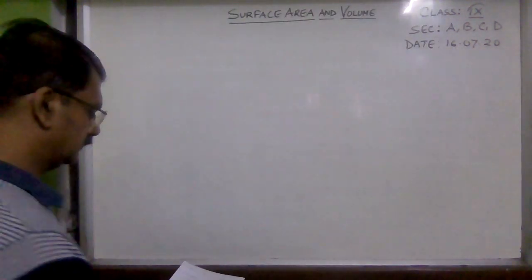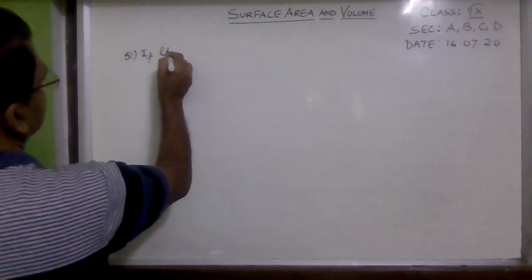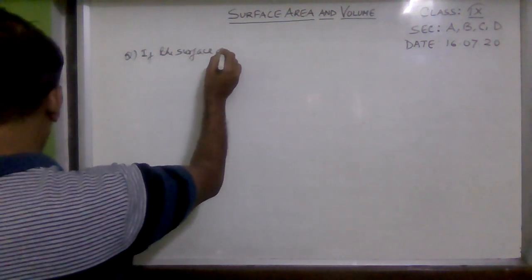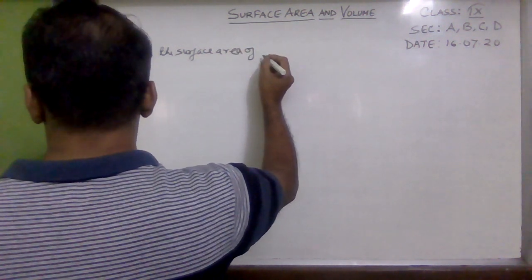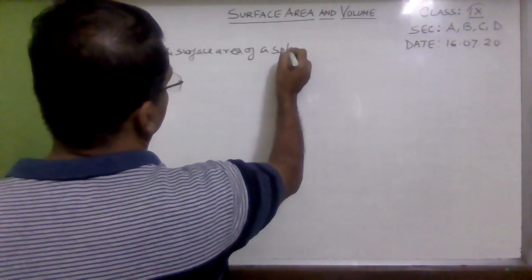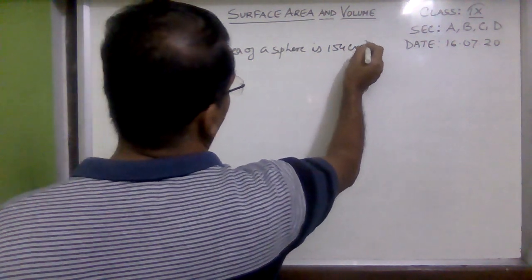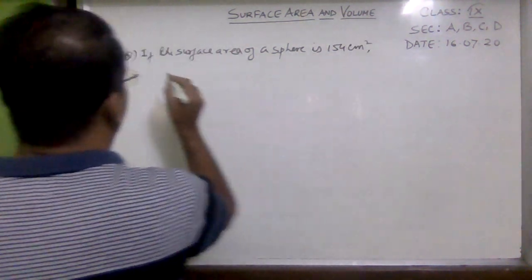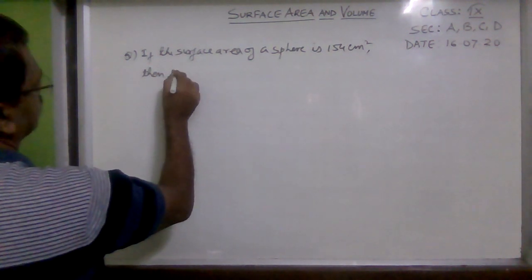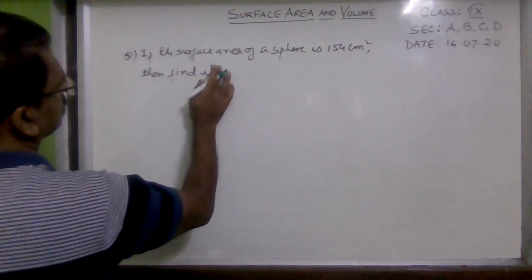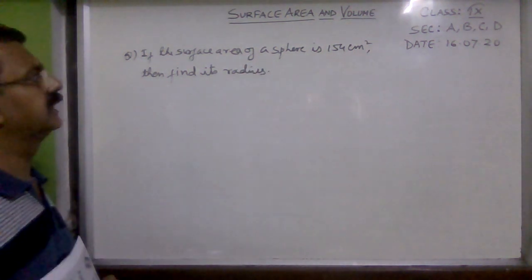The next question is, if the surface area of a sphere is 154 centimeters square, then find its radius.